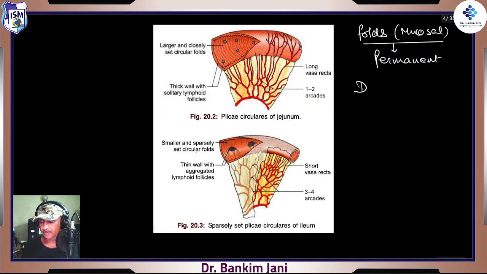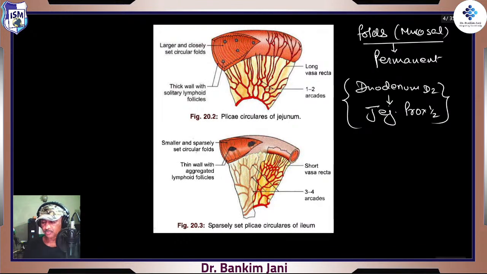From the duodenum all the way up to the proximal half of the jejunum, there are large mucosal folds. Then as we proceed further, they decrease in size and number. See over here, these are the mucosal folds. See, there are so many.